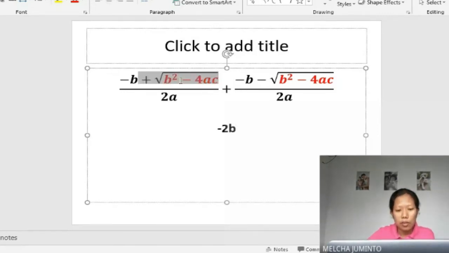The expression with the radical, the plus square root of b squared minus 4ac and minus the square root of b squared minus 4ac, will be equal to 0. This will cancel because the result is 0.